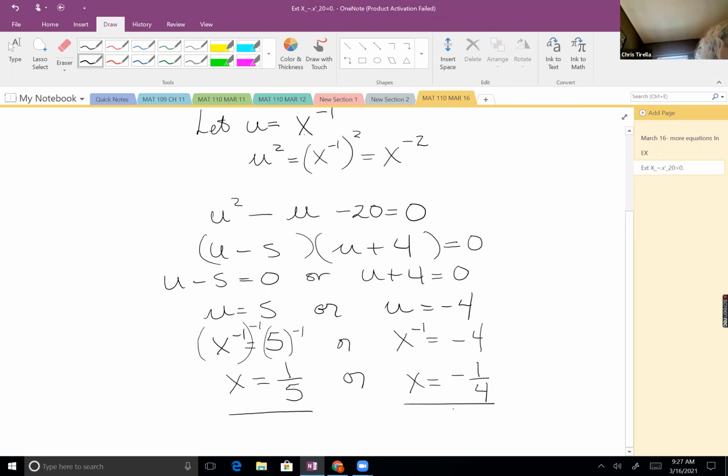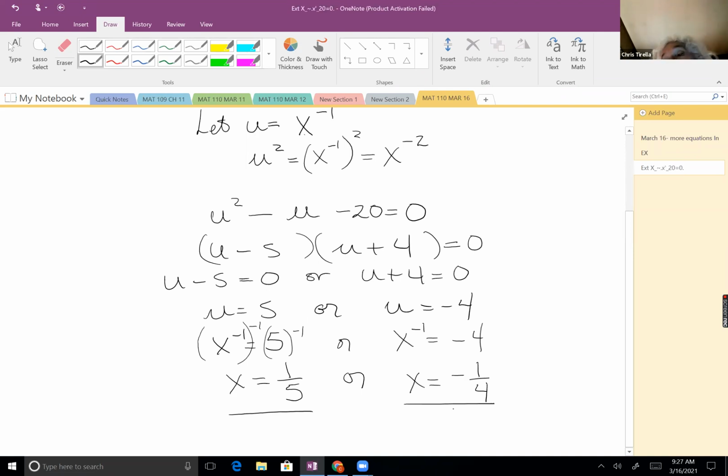General idea with this u substitution: taking something that sort of looks like a quadratic, but not really, and rewriting it as a quadratic, and then putting it back in terms of the original variable when we're finished solving.